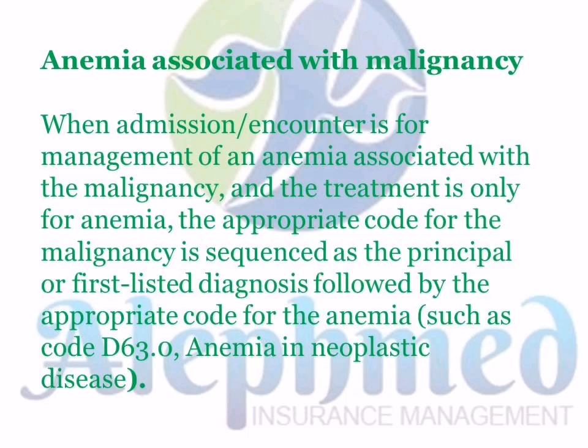So malignancy will be the principal code followed by anemia. Remember that in case of anemia, malignancy will be the principal diagnosis. Usually for other cases we code the complication as principal diagnosis, but in anemia, malignancy will be the principal diagnosis.